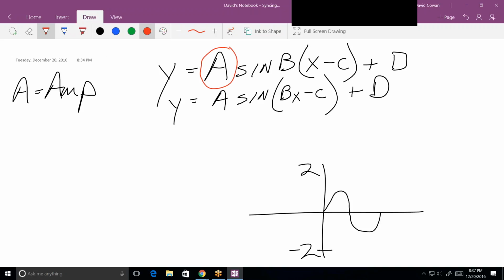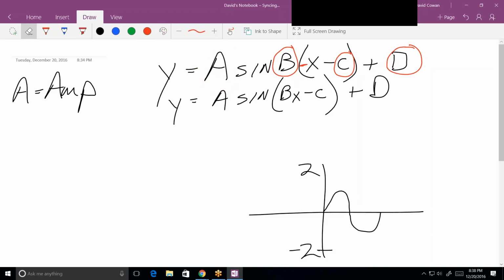That's vertical stretch factor. That's horizontal stretch factor. That's horizontal shift. That's vertical shift. If I put a negative sign in front of that, that's a vertical reflection. If I put a negative sign in front of the x, that's a horizontal reflection.